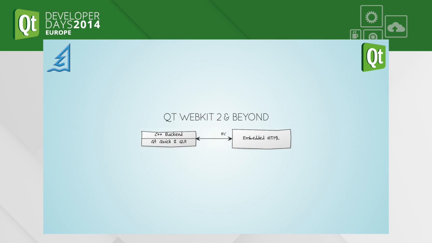So, as I said, in WebKit 2 and beyond, and here I mean Web Engine, for example, or the very thin wrappers around native web views on iOS or Android, we have more or less this structure. We have our Qt application, maybe with a C++ backend, or maybe just QML, maybe the other way around, maybe it's just C++ and no QML at all, and you want to talk to your embedded HTML client somehow.